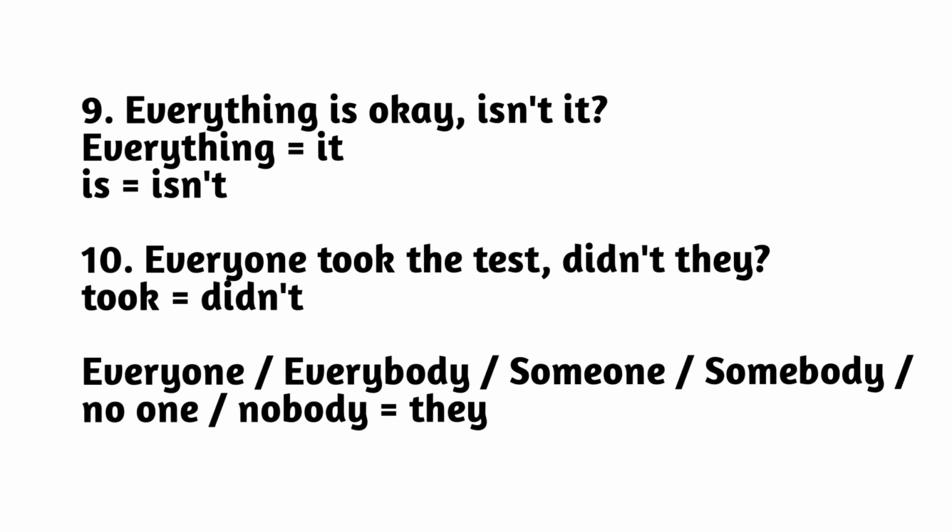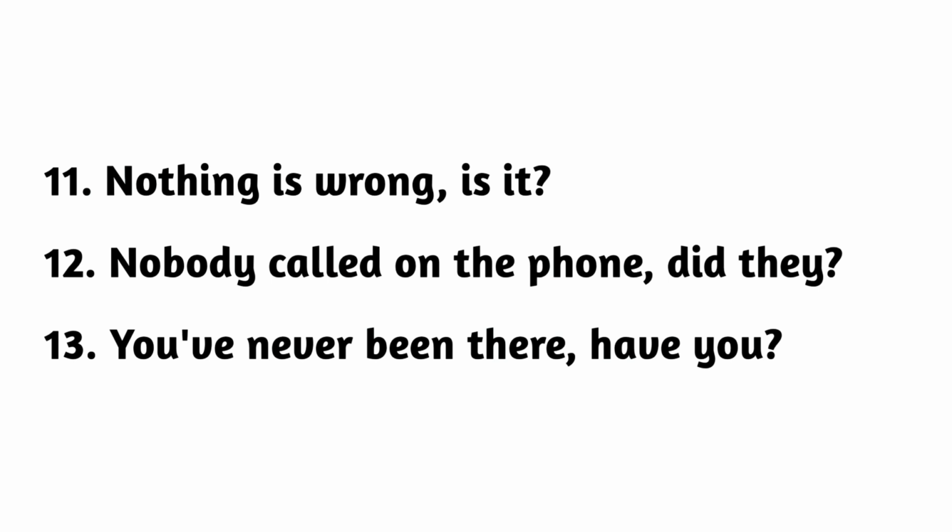Number 10. Everyone took the test, didn't they? Here, they is used. They is usually used in a tag to refer to everyone, everybody, someone, somebody, no one, nobody. Number 11.